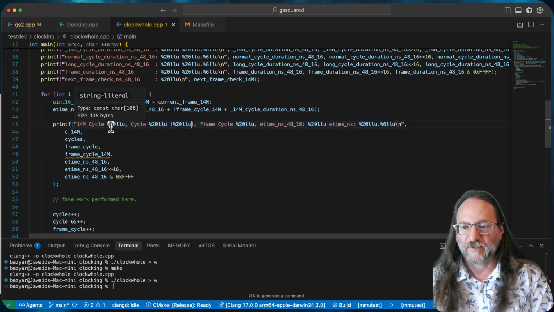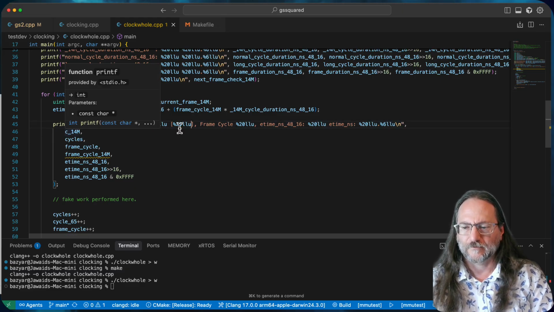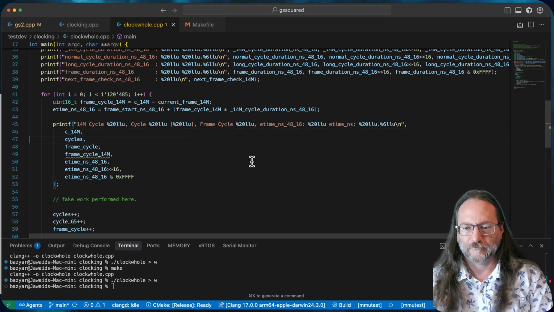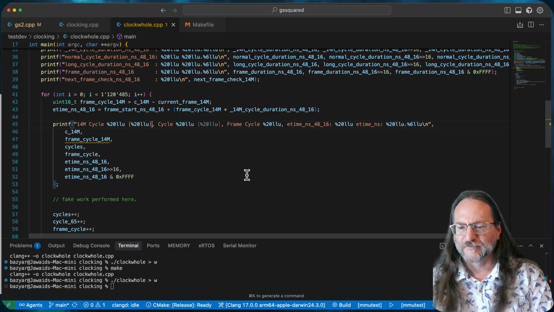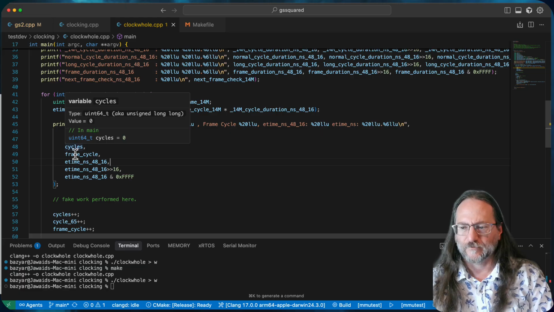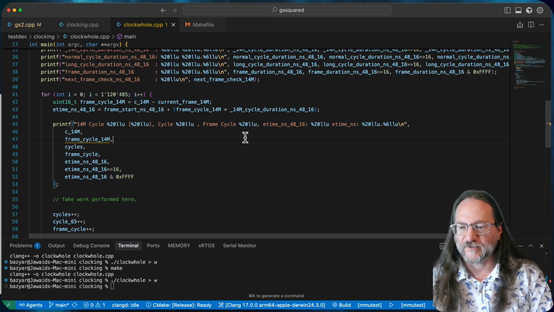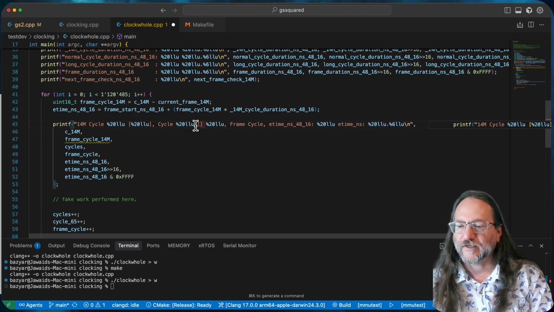Okay, 14M cycle. Cycles. Frame cycle. Let's make this a little more compact here.